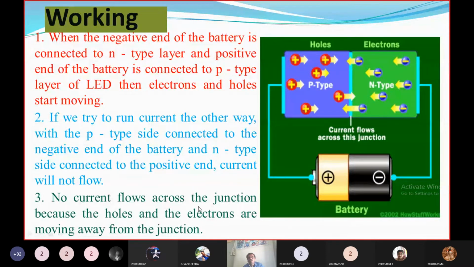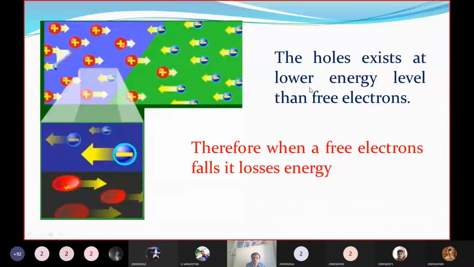One more point we have to discuss here. The holes have lower energy and electrons have higher energy. So the energy level of holes will be less than the energy level of electrons.